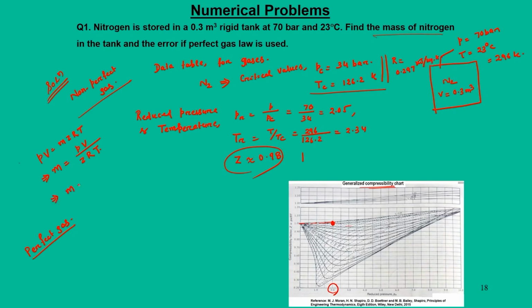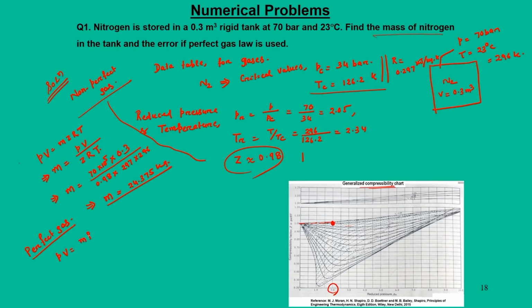So, m becomes 70 into 10 to the power 5, into 0.3, divided by 0.98 into 297 into 296. This will give you m equal to 24.375 kg.